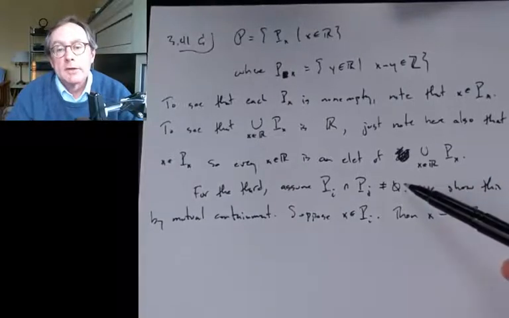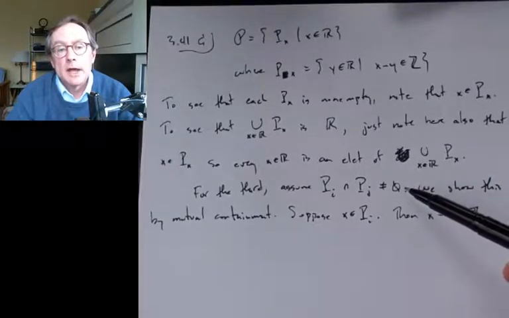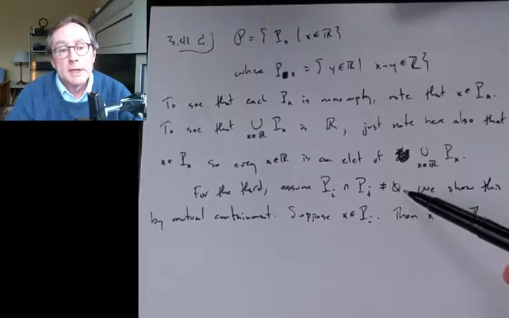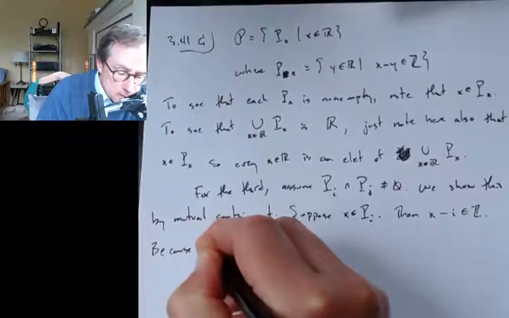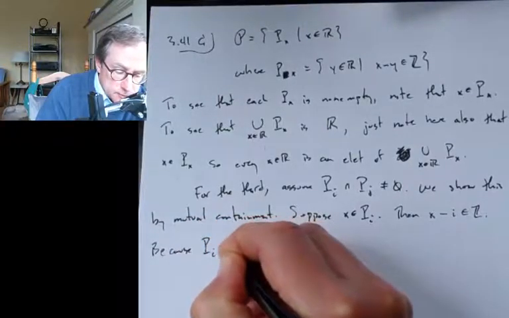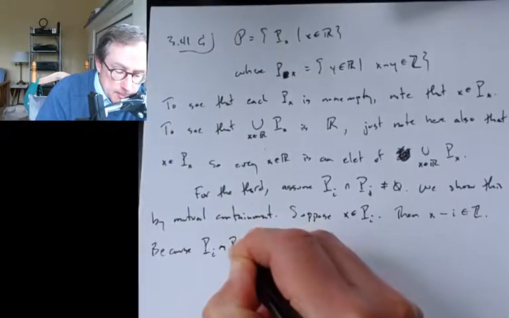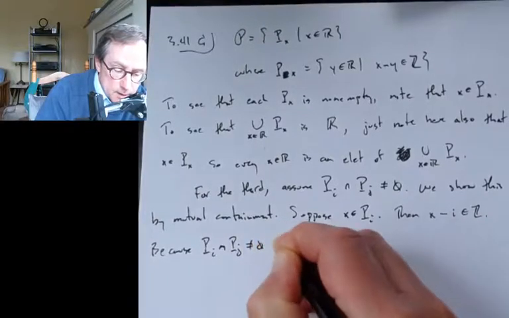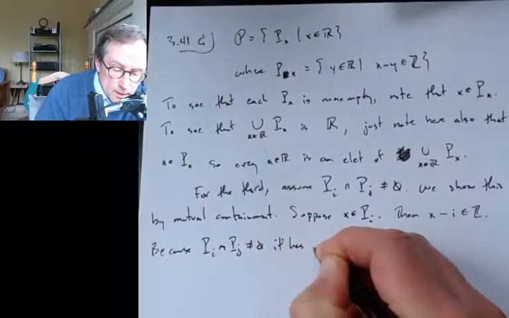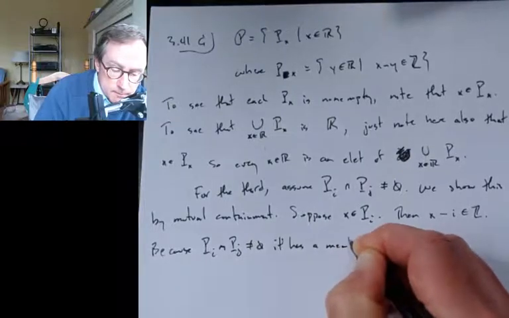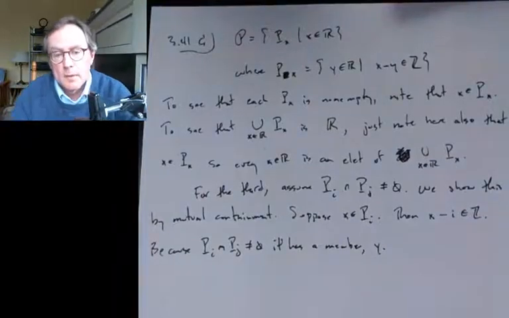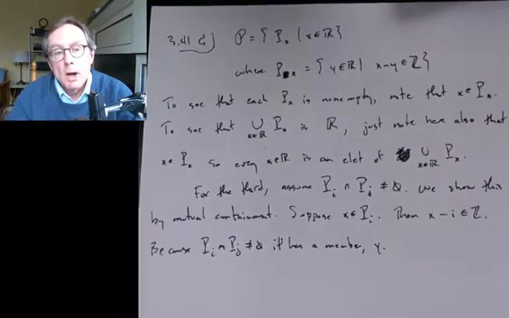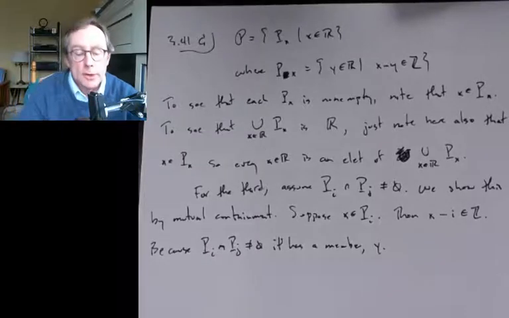But up here I have the assumption that pi intersect pj is not empty, so there must be an element in there. Because pi intersect pj is not empty, it has a member, let's say y. All we know about y is that y minus i and y minus j are both integers.